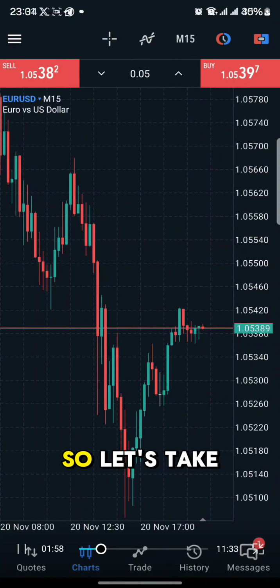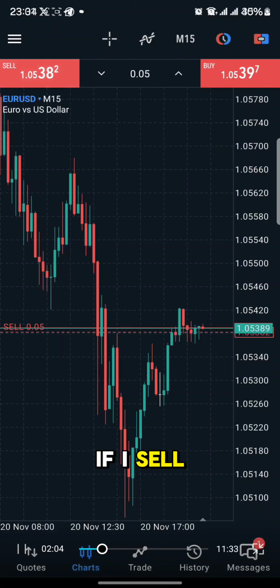Stop loss orders means that it's an order that will stop us from making big losses, right? So let's take for an example, if I'm going to sell this pair here, which is Euro USD. If I sell there, right, you see that's my trade. It's that dotted line there, that's where my selling price is, right? So if the price goes down, I'm going to be in blues, which means that I'm going to be in profits, right?